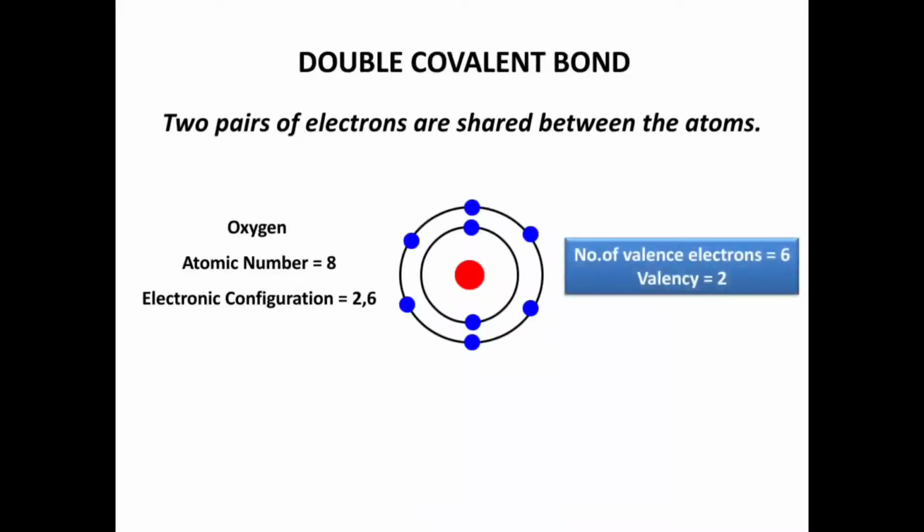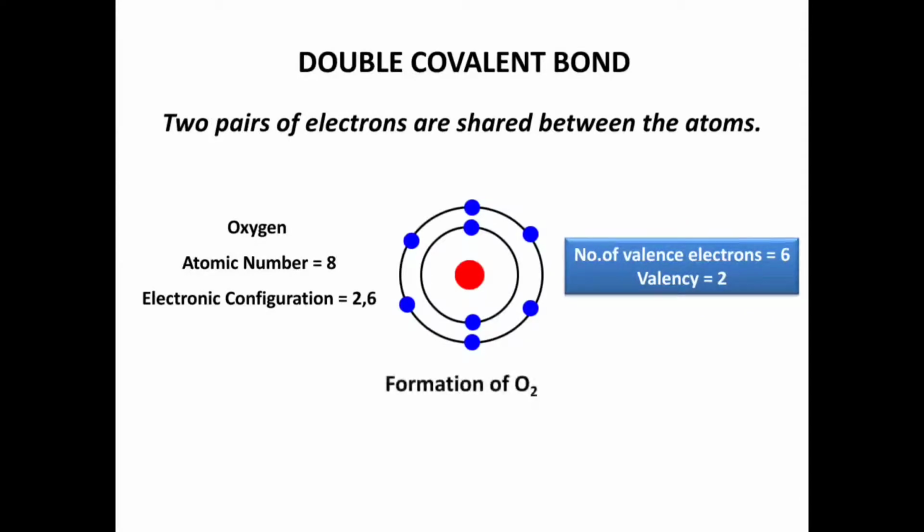Number of valence electrons is equal to 6, that is nothing but the number of electrons present in the outermost orbit. And the valency is 2 because it's easy for the oxygen atom to gain 2 electrons rather than donating 6 electrons in order to achieve the octet configuration.